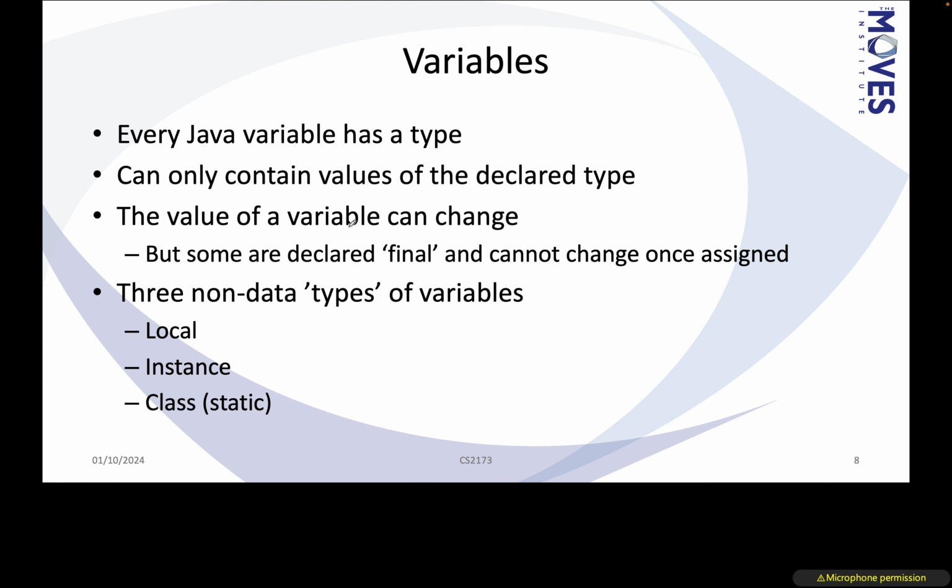Whereas scripting languages will typically let you take the same variable and put a number in, put a string in, put it back to a number, whatever, and say, well, that makes life easy. Well, it makes life easy maybe for the one writing it because you can be really lazy, but it makes life hell if you're trying to debug it.